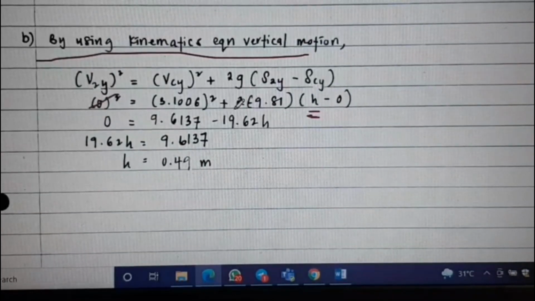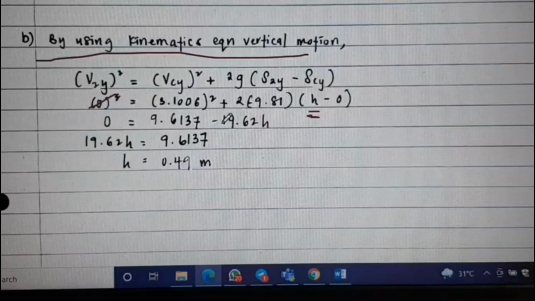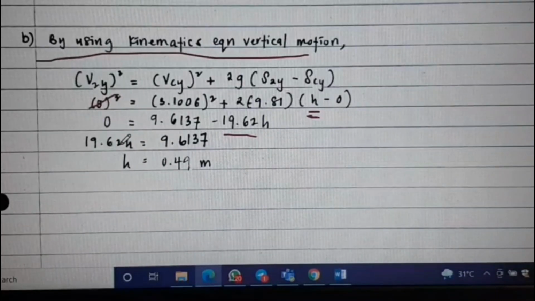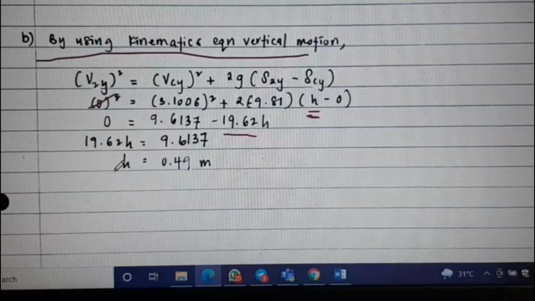Simplify the equation. We got 0 equals 9.6137 minus 19.62h. Then we rearrange the formula, 19.62h equals 9.6137. The final height we got is 0.49 meter.